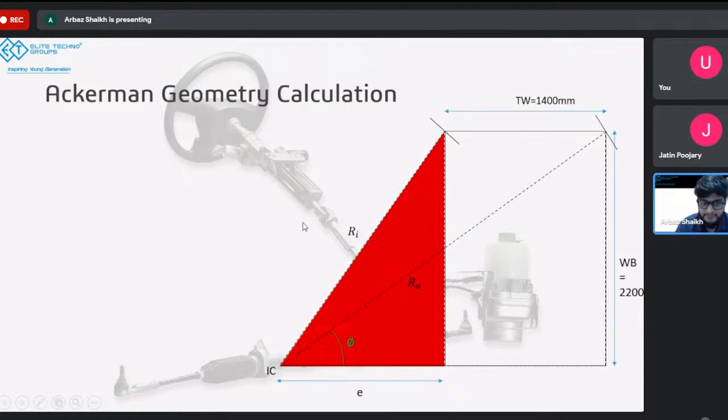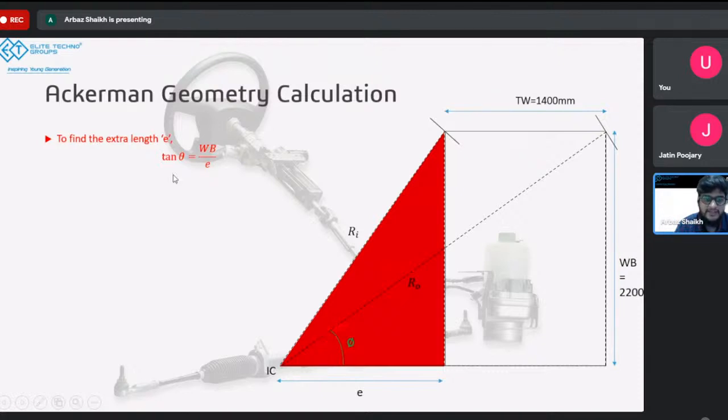So first, to find the extra length E, we can use the formula tan theta. Tan theta is equal to wheelbase upon E. So this perpendicular line in this red triangle is the wheelbase, which is 2200 mm, and this is the angle of 40 degrees.